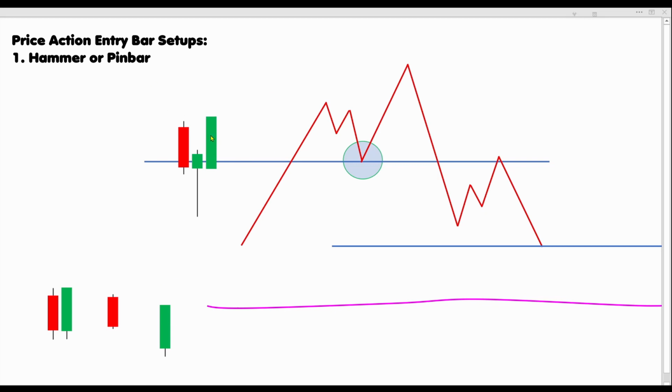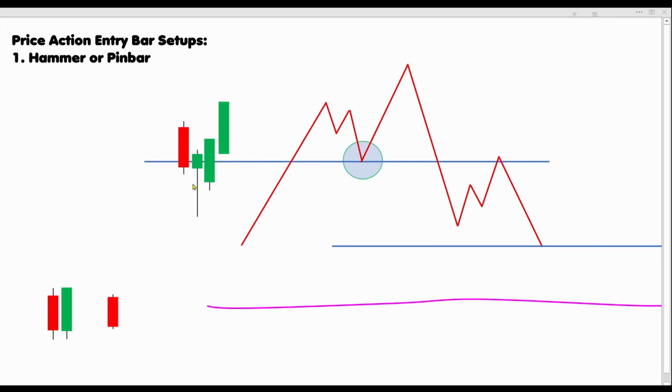The other way we can enter this trade using this technique is that sometimes I use normal limit orders. I wait for the price action to come inside the signal bar here, I place a limit order here, and it will execute my order and then go up to the upside.